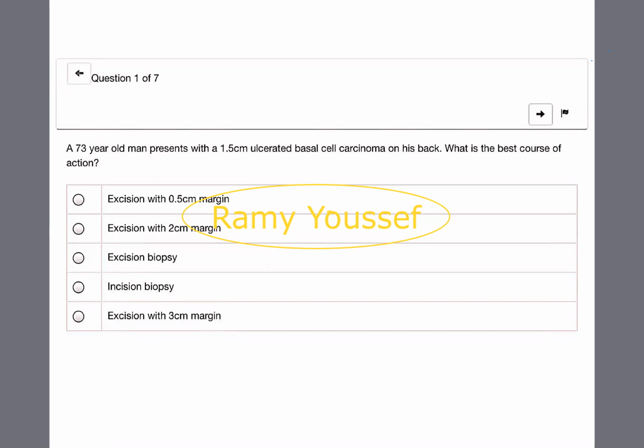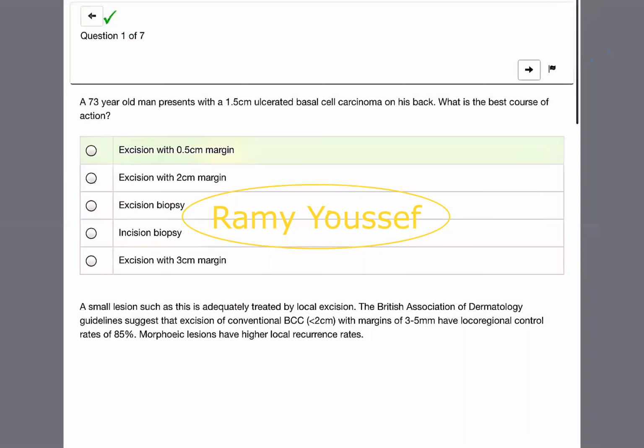From 0.3 to 0.5, according to the Royal College and UK policy for basal cell carcinoma lesions less than 2 centimeters, you will go for a 0.3 to 0.5 safety margin only.